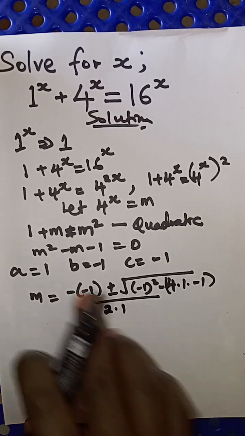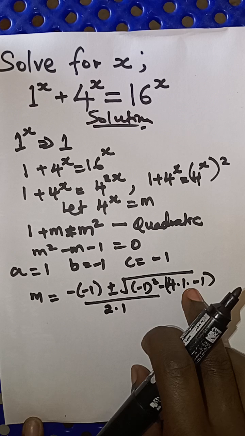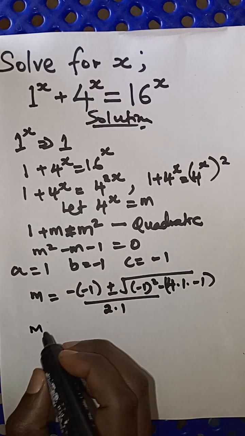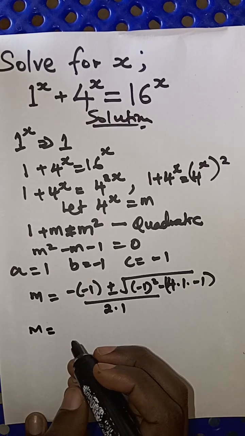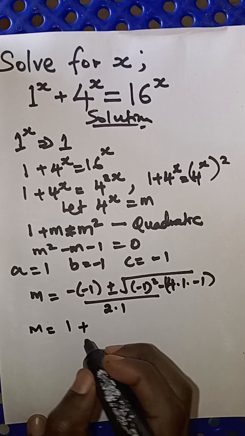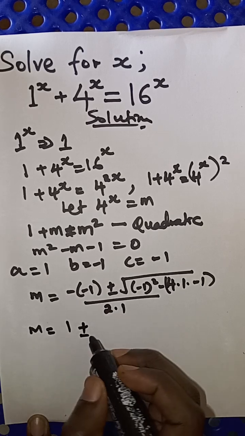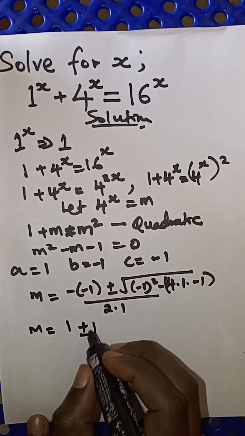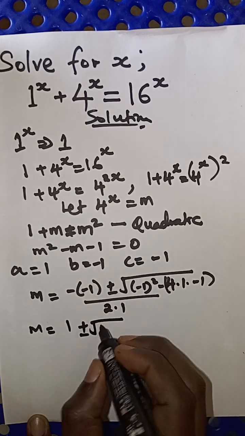So I've just substituted the coefficients in the quadratic formula, so that I'm going to end up with m now equal to 1 plus or minus the square root of, of course, when you square that you get 1.